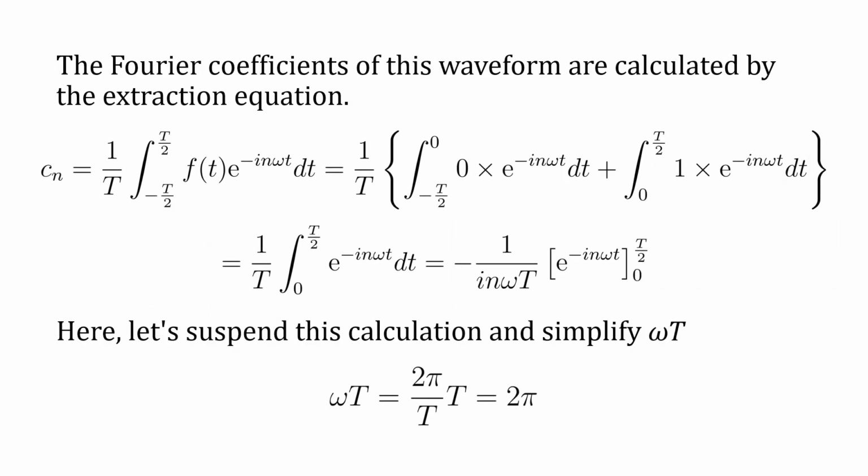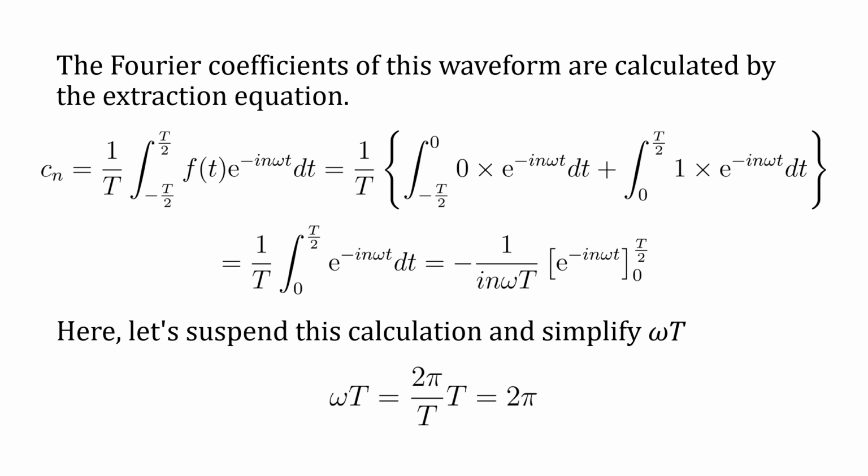The Fourier coefficients of this waveform are calculated by the extraction equation. Cn is equal to 1 over large T multiplied by the integral of f of t multiplied by e to the negative i n omega t from negative large T over 2 to large T over 2.